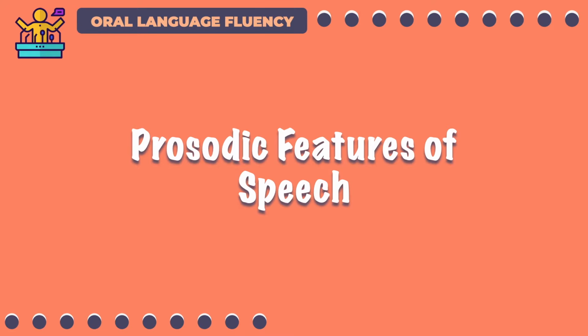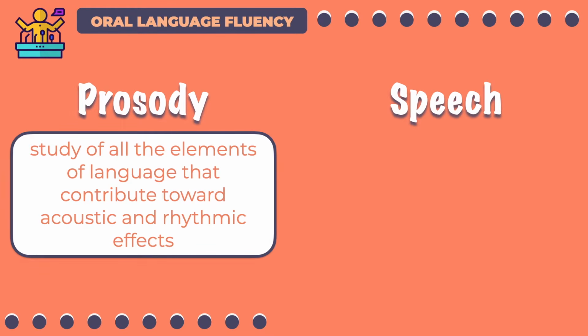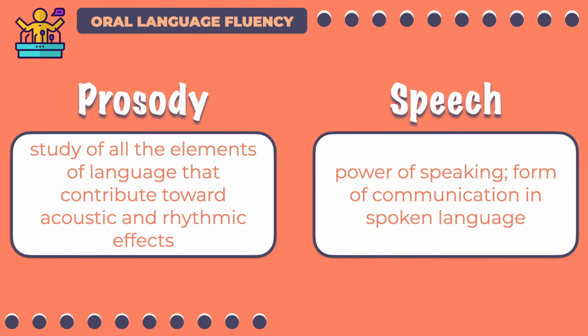First, let's discuss the big terms here: prosodic or prosody, and speech. Prosody is the study of all the elements of language that contribute toward acoustic and rhythmic effects. Generally, this is the pattern of stress and intonation in a language. On the other hand, speech is the power of speaking. It is a form of communication in spoken language.